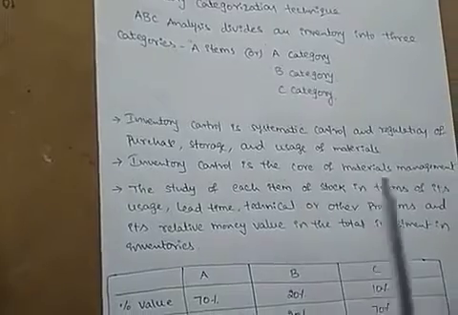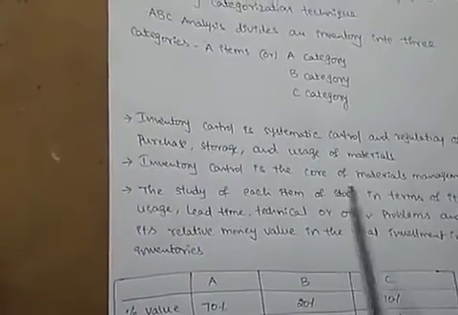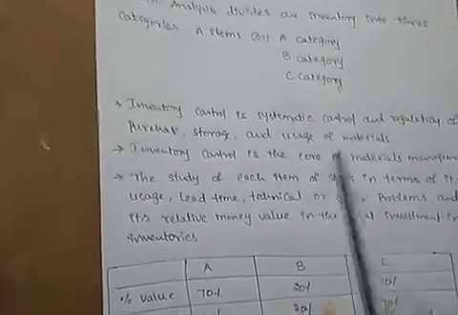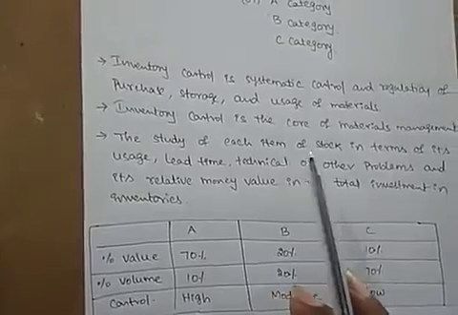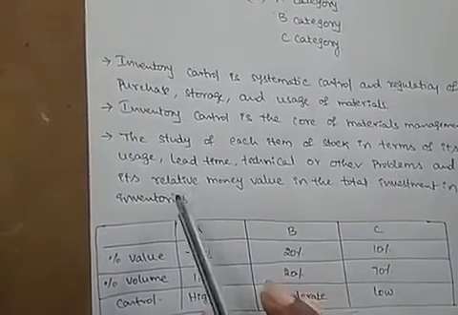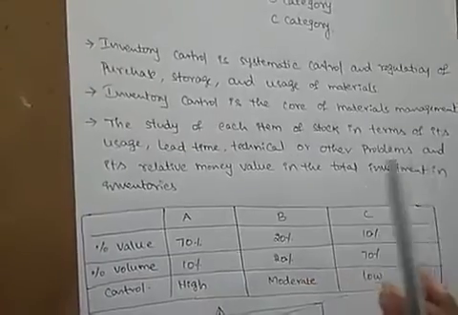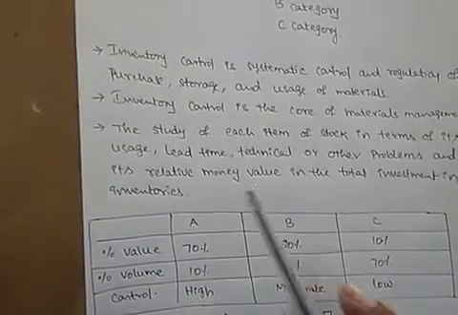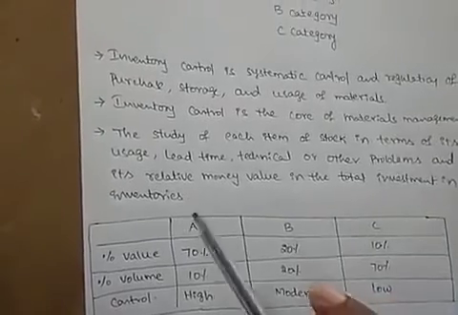Inventory control is the core of materials management. We already discussed that it is one of the core and most important techniques out of a lot of techniques. Here is the study of each item of stock in terms of its usage, lead time, technical or other problems, and its relative money value in the total investment in inventories.